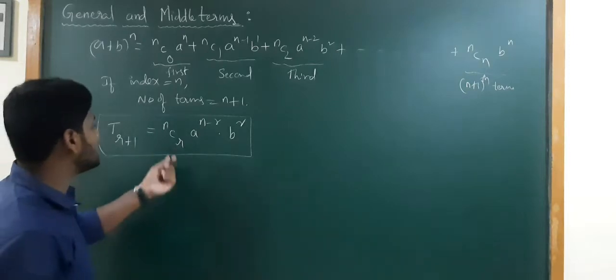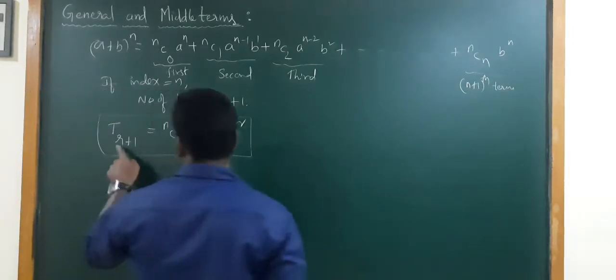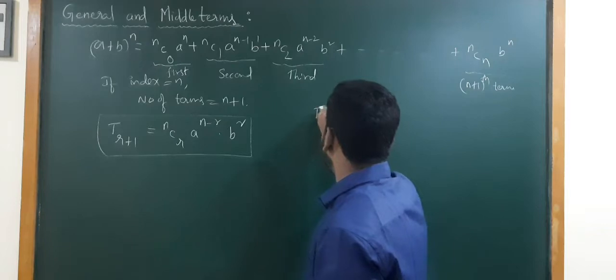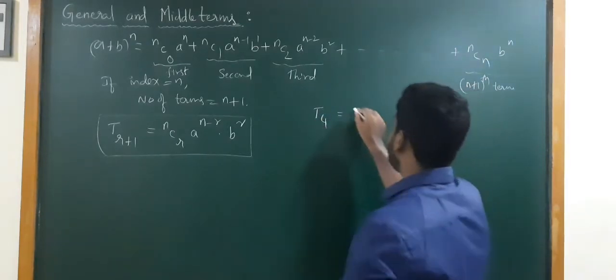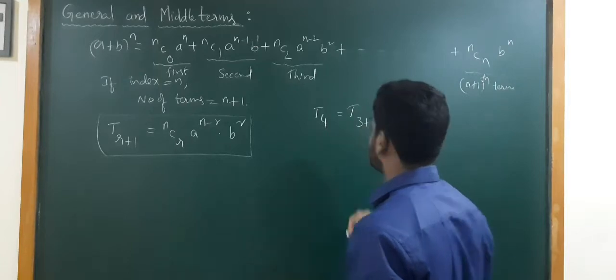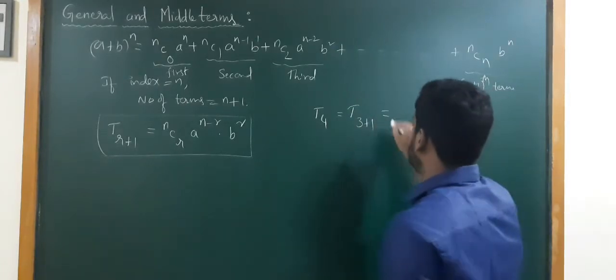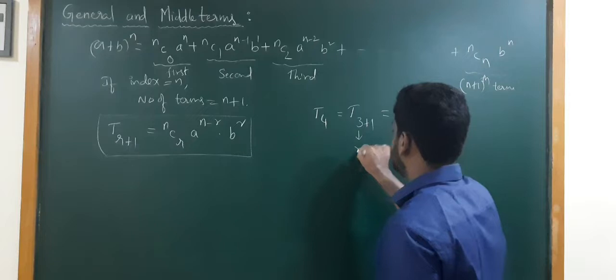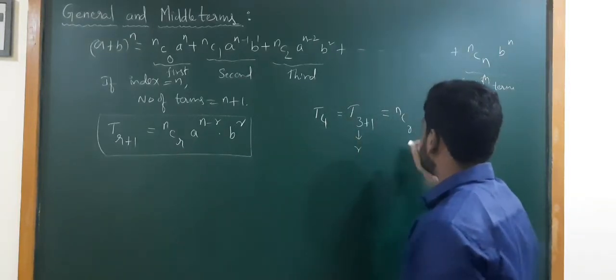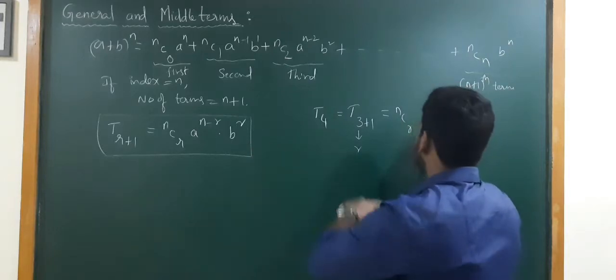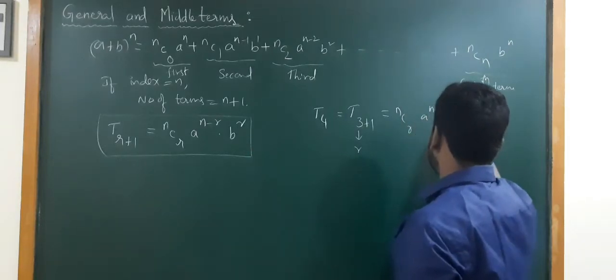Why we are considering this as the general term: this is the T(r plus 1)th term. That means if you want to find T4, T4 is nothing but T(3 plus 1). What is the r value here? The r value is nothing but 3. If you observe this, now nCr: actually the term is nCr, a power n minus r into b power r.